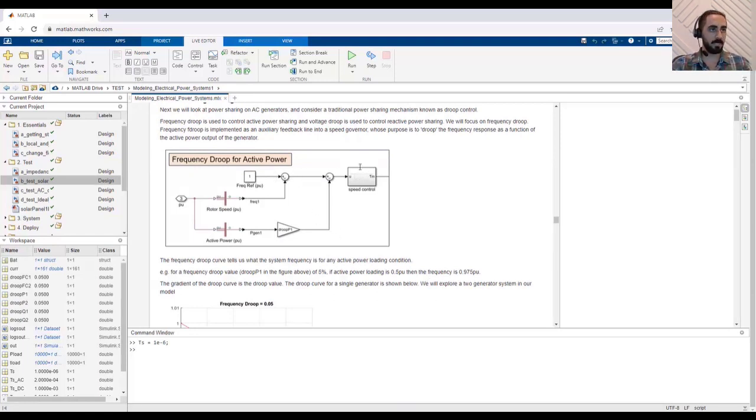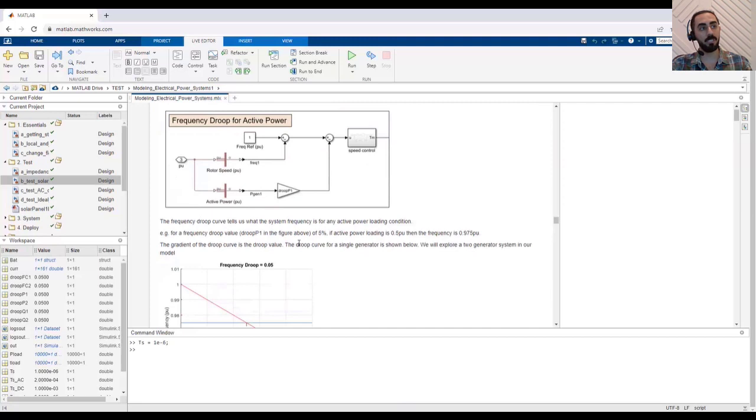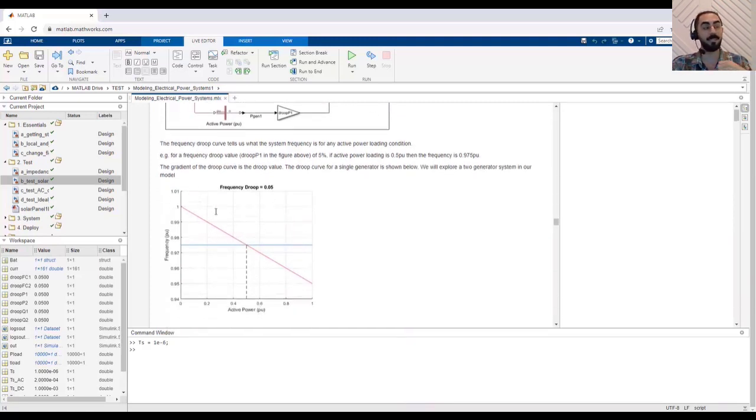From the control perspective, we have this speed controller in here for the generator. We want to regulate the frequency and speed, but the droop, which is an auxiliary signal measuring the active power and multiplying it by a droop value, creates this droop curve, which goes from zero loading to full load, 1 per unit.